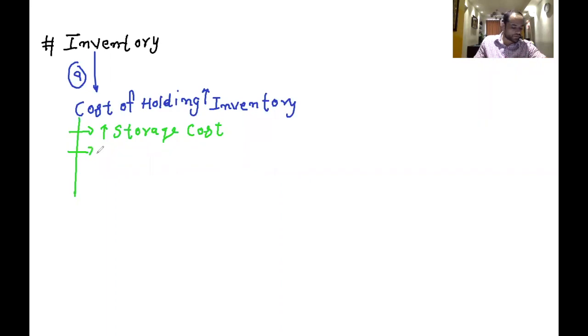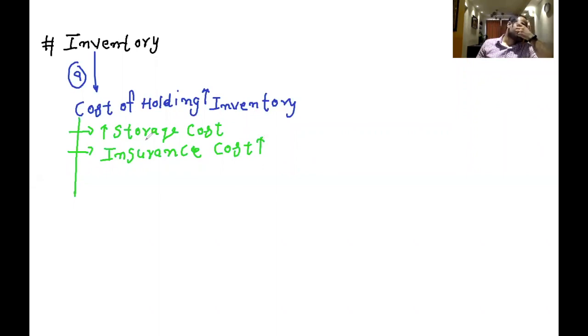Second one is high insurance cost. Of course, if you are holding too much inventory, you have to buy insurance. Insurance protects from any kind of accident, such as fire in the factory.